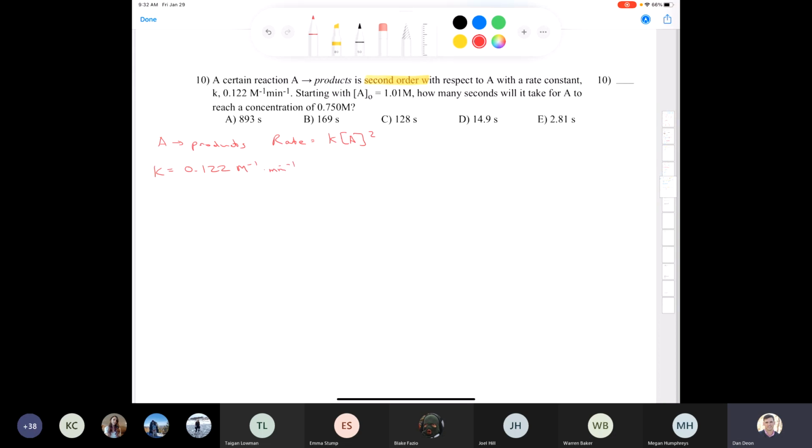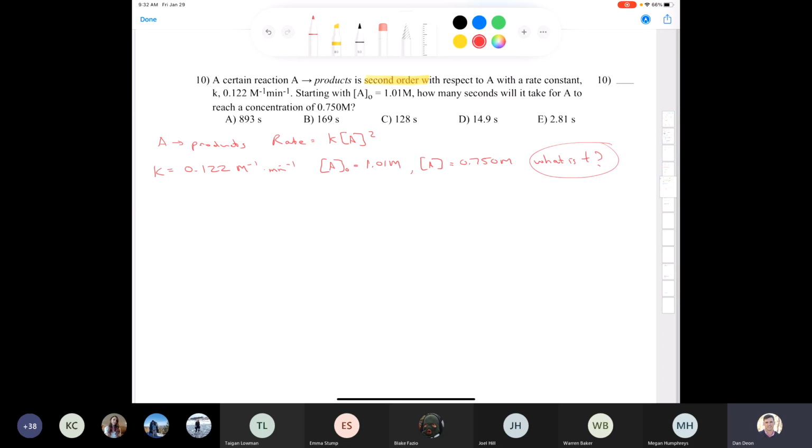We are given an initial concentration of A as being 1.01 molar. We're given a concentration of A after an amount of time, t, being equal to 0.750 molar. And we're asked to determine what is t.